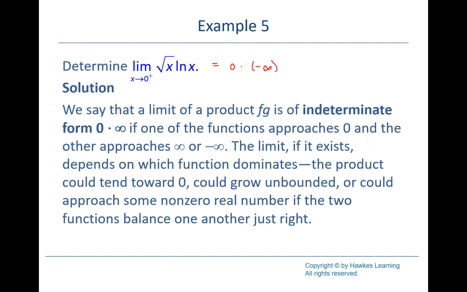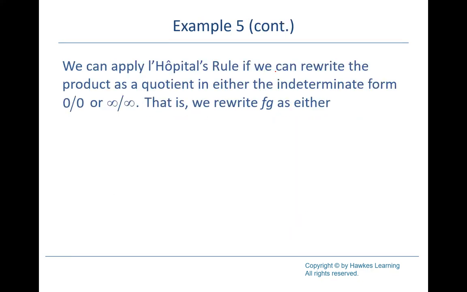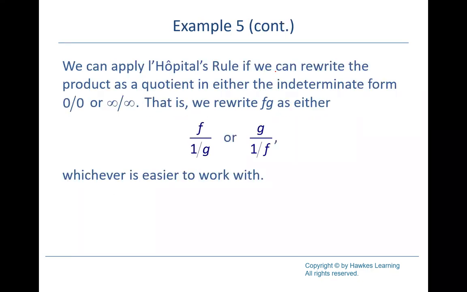The trick here is that we are going to rewrite this product of f times g as a quotient. And so rather than view this as the product f times g, we will rewrite this as either f divided by 1 over g or g divided by 1 over f.